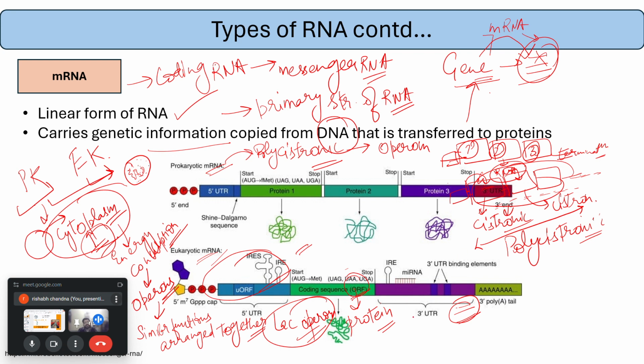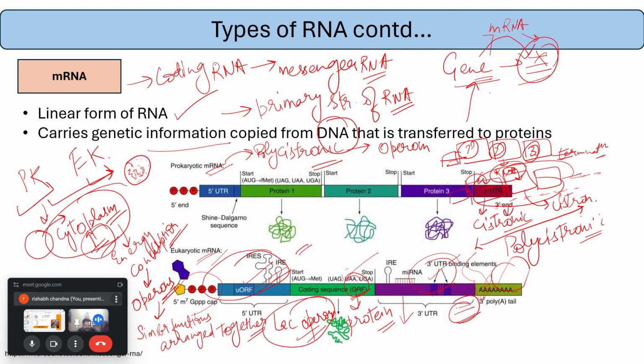And when this particular mRNA goes for translation, we have a 5' UTR, or untranslated region, that helps in binding of the ribosome to the mRNA, followed by the ORF, the main protein coding region, and the 3' UTR, or untranslated region. And this is the 5' cap, and this is the 3' tail.